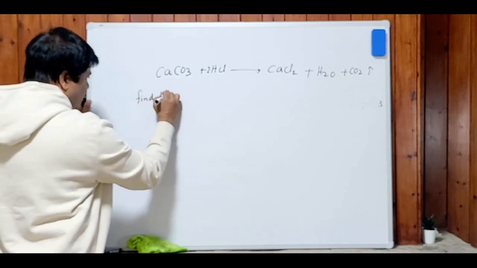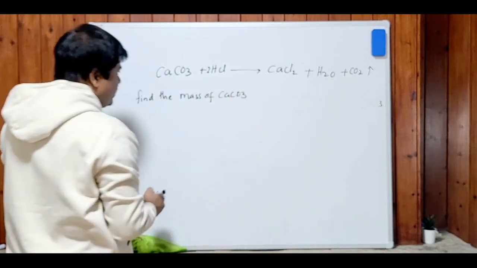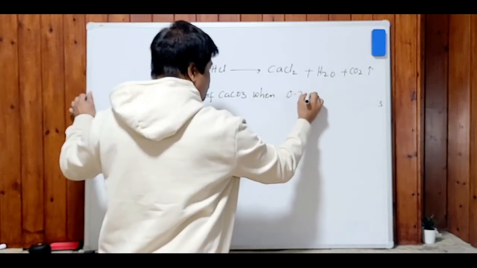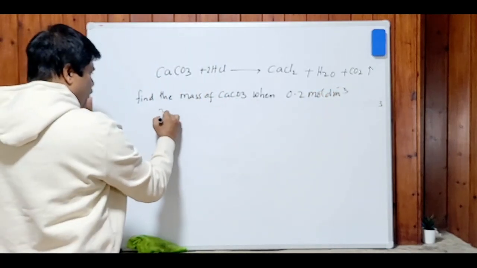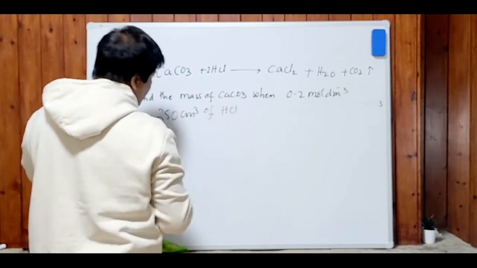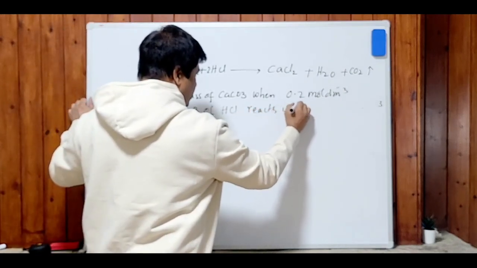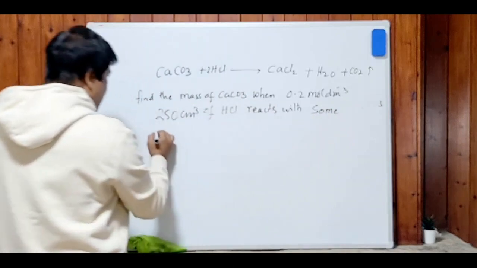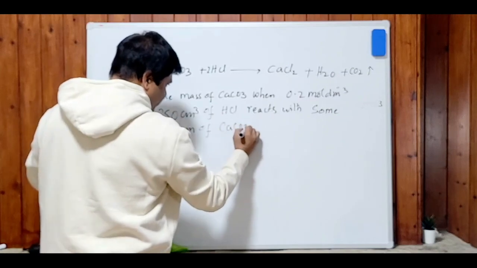Find the mass of CaCO3 when 0.2 mol dm-3, 250 cm3 of hydrochloric acid reacts with some X gram of CaCO3.